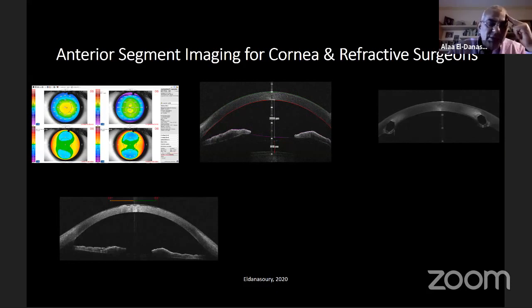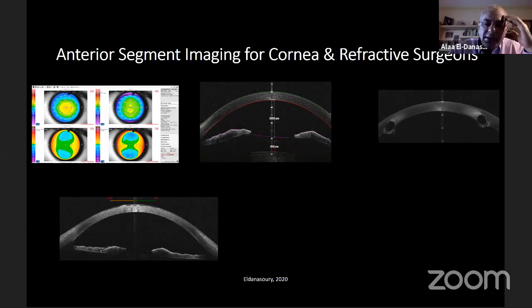Also, in terms of diagnosing corneal opacities and corneal pathologies, having an anterior segment OCT with a good imaging system is very important and very crucial in your practice.